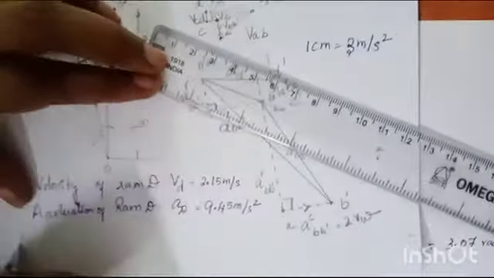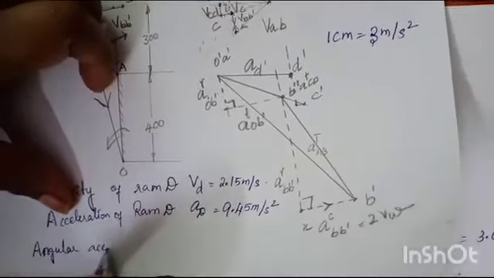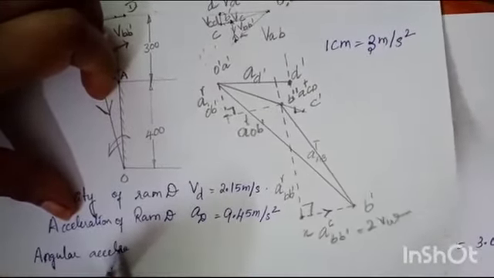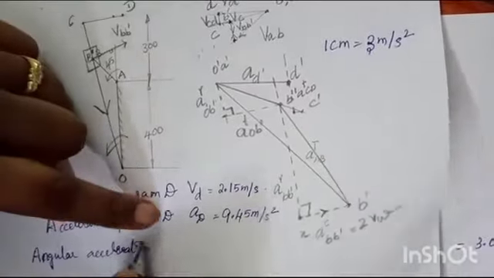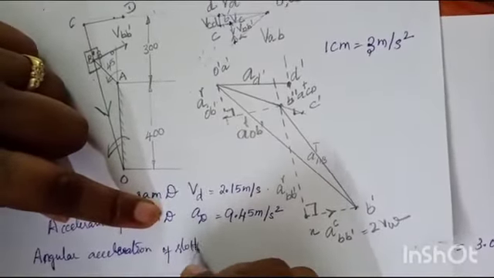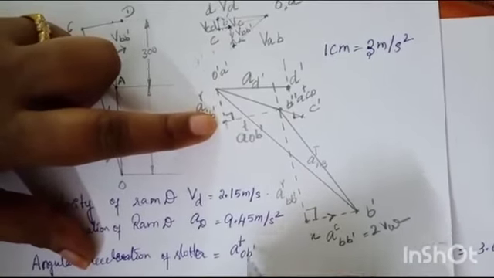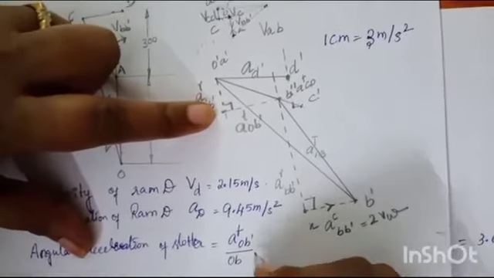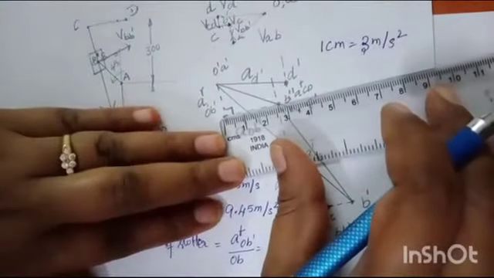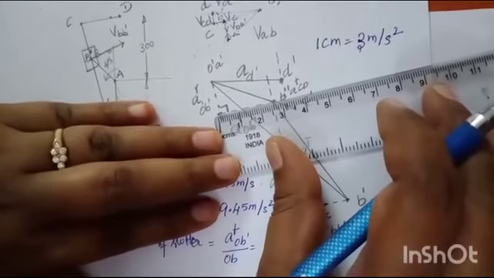Now come for the angular acceleration of the slotted lever, which is nothing but your OC. It has an angular acceleration. You have a formula: a_t OB dash by OB value. So a_t OB dash you measure from the acceleration diagram. It comes nearly 2.15.